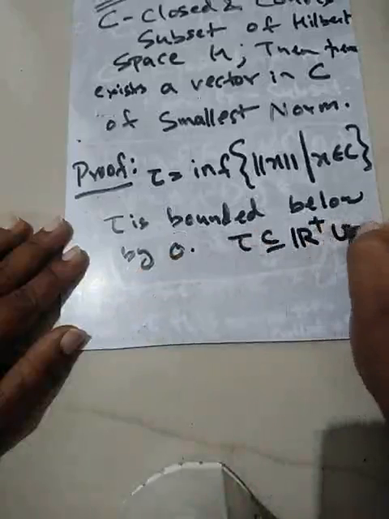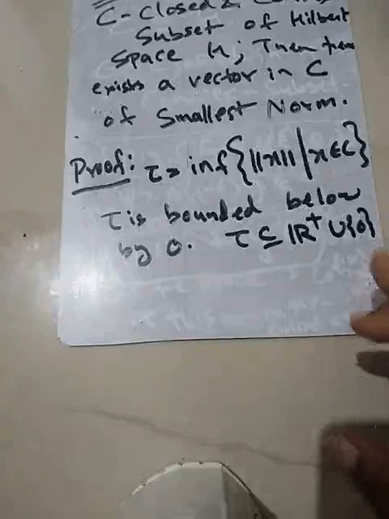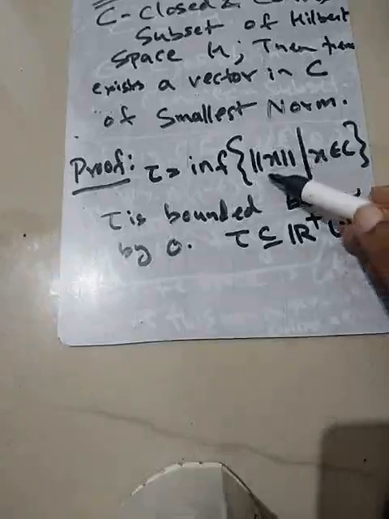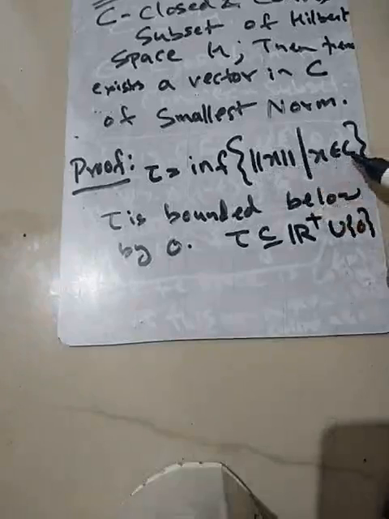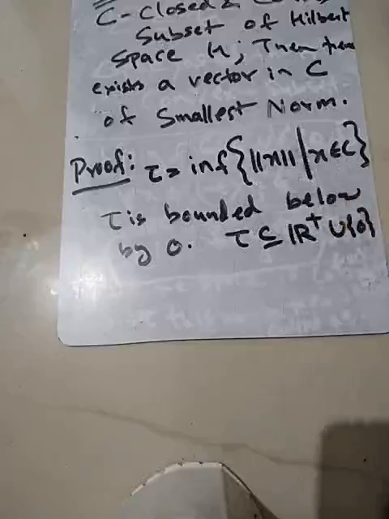Also note that tau is a subset of R, in fact R plus union 0. So tau is the set of norms of elements of C, the vectors. So it is bounded below, and hence what we can say is that if it is bounded below, it has an infimum.